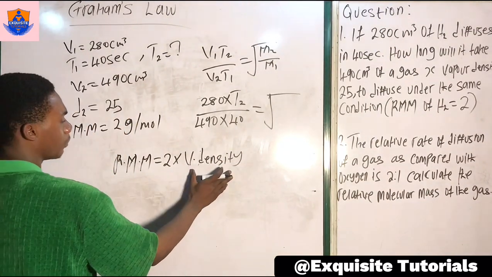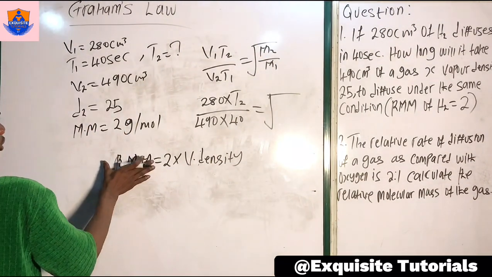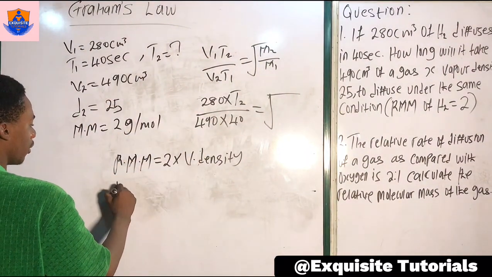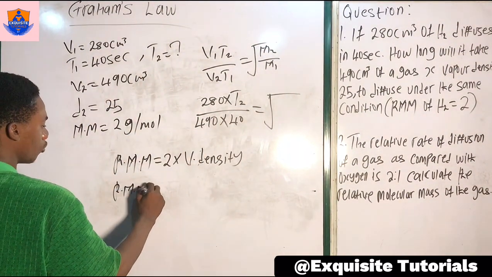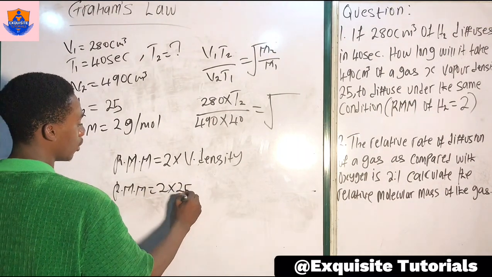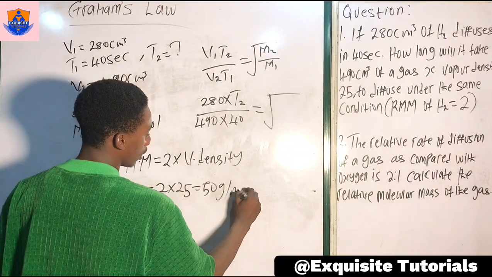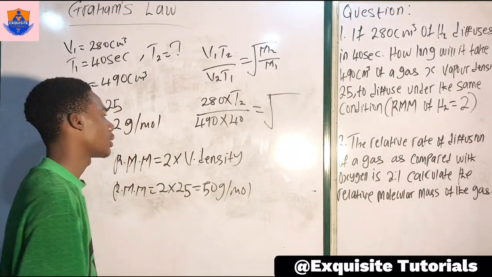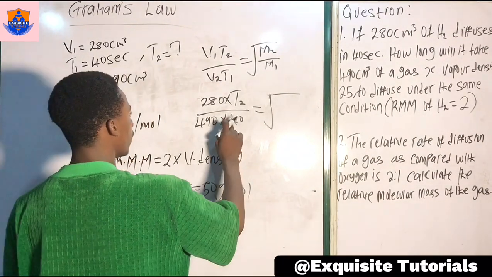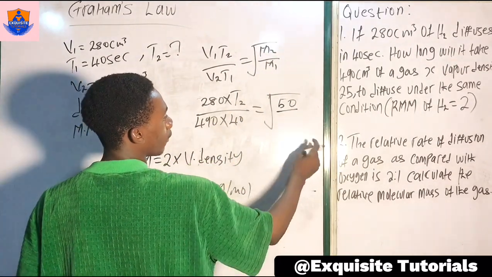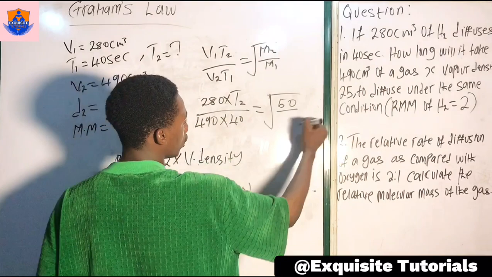So to find the relative molecular mass of the unknown gas, we have 2 times 25, which is 50 gram per mole. Gram per mole is the unit of molar mass. So now let's replace it. We have our M2 to be 50 over the molar mass of hydrogen, which is 2.